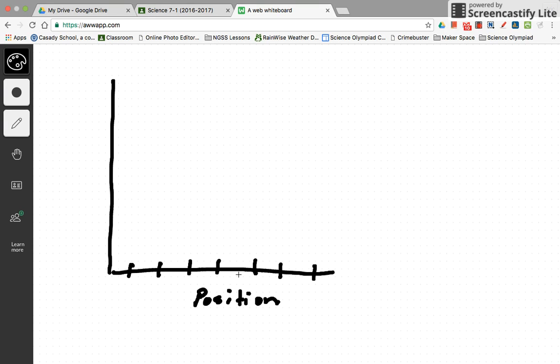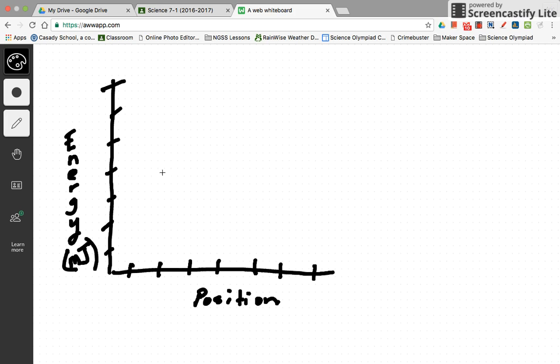Then our y-axis is going to be the amount of energy, so we're going to write that down as energy. The units in this case are going to be millijoules. And then we're going to have our amount of millijoules. Make sure, let's say that you have a maximum of 20 millijoules, that your 20 is somewhere up near the top of your graph.